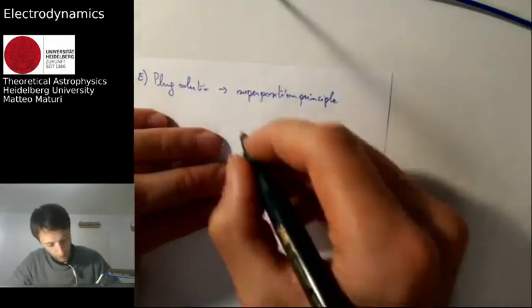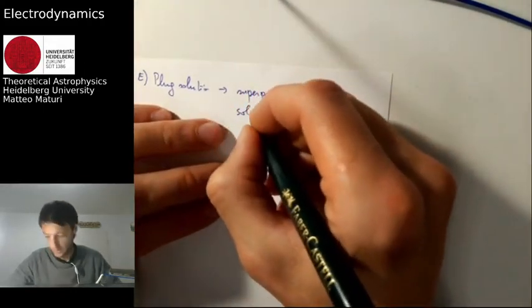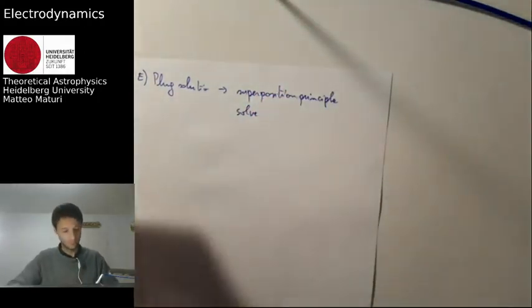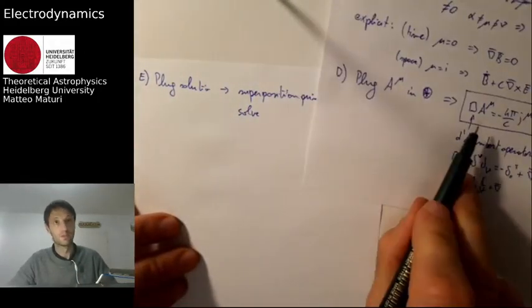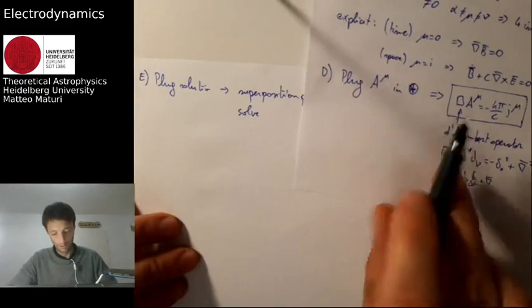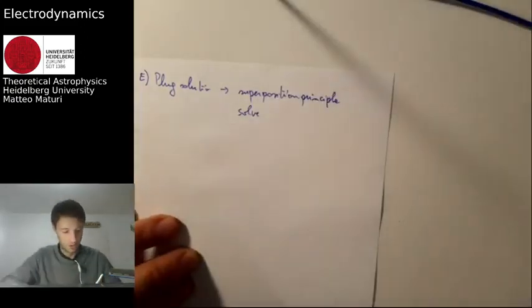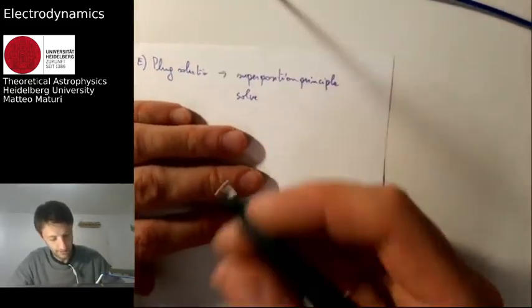Okay, and therefore we solve it. So we solve this equation in terms of Green's functions, actually in terms of retarded Green's functions.